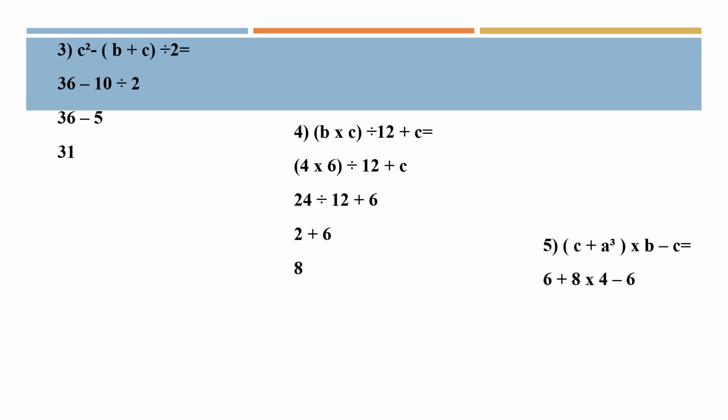Times 4 minus 6. Perform multiplication, subtraction, and addition. 8 times 4 equals 32. 6 plus 32 equals 38.